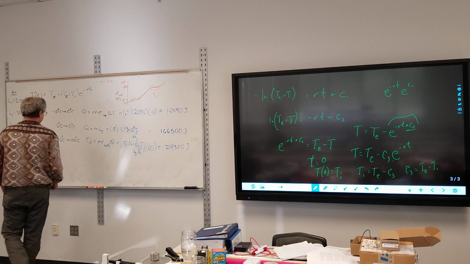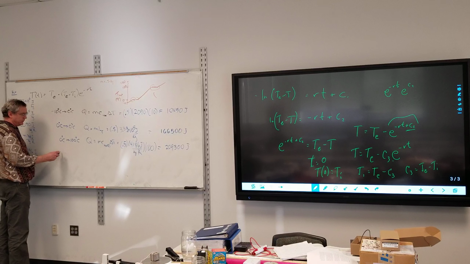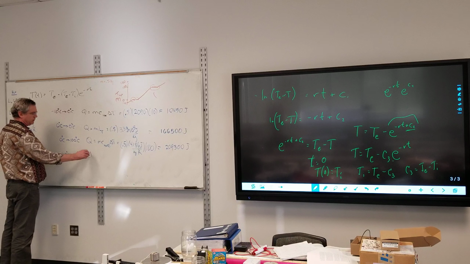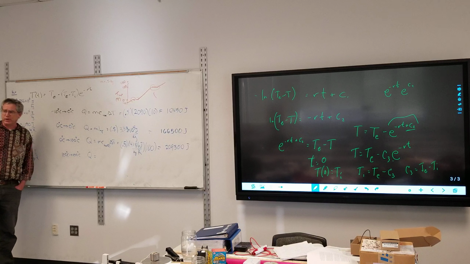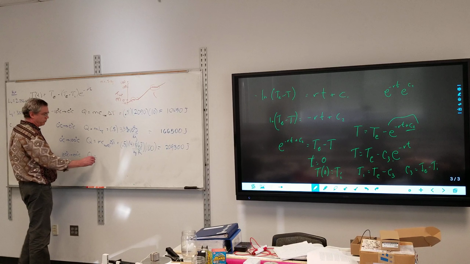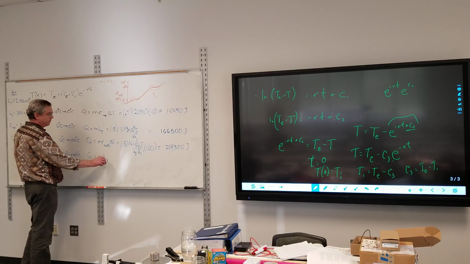And now we have to actually boil it. So we're going from 100 degrees Celsius to 100 degrees Celsius. Because we're not having a change in temperature here, we're using the latent heat formula, so M L, this time vaporization.